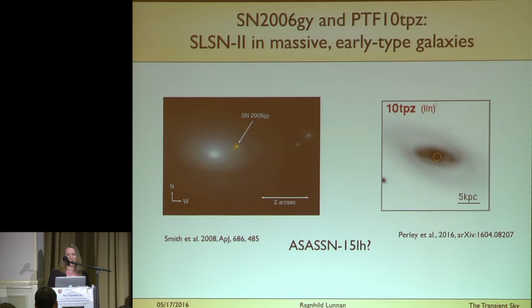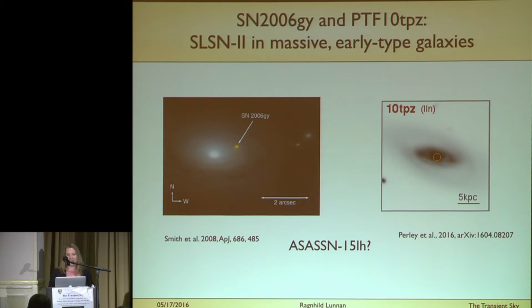And in this context, it is perhaps also relevant to mention ASASSN-15lh, which is claimed to be the most luminous superluminous supernova ever. That is a type 1, so at least if you're going from host galaxy properties, it would be many sigma away from the entire rest of the population of superluminous supernova host galaxies, because ASASSN-15lh is also in one of these red, not obviously star-forming galaxies, and coincident with the nucleus, which has made some people suggest maybe it's a TDE and not actually a superluminous supernova.